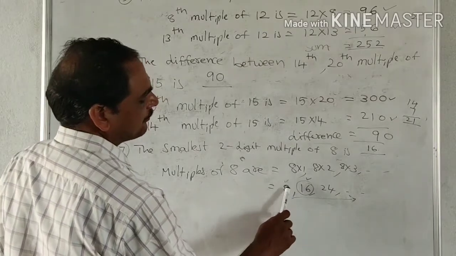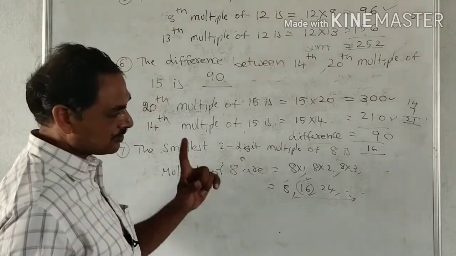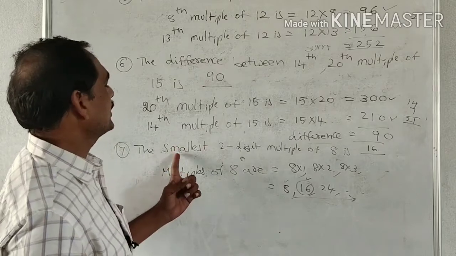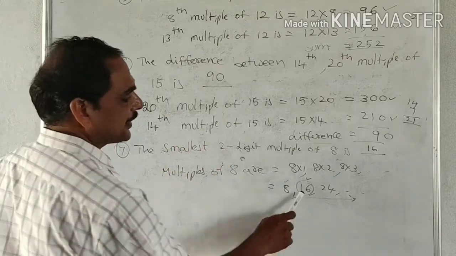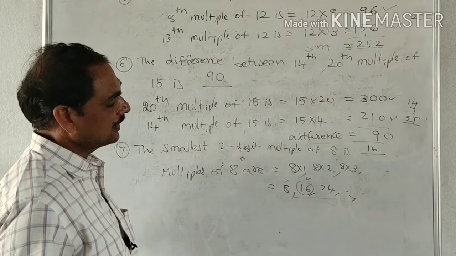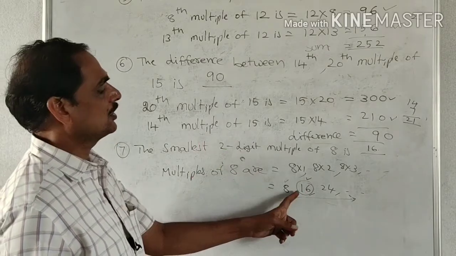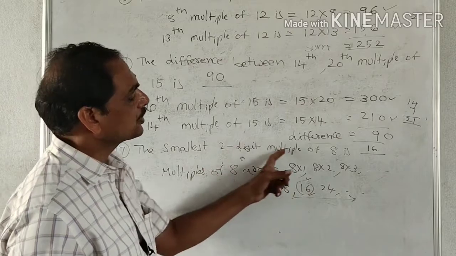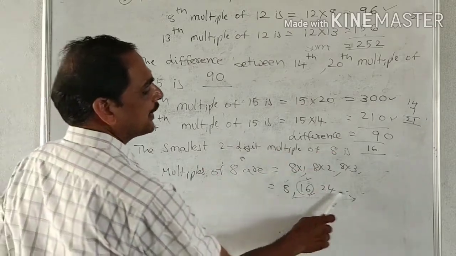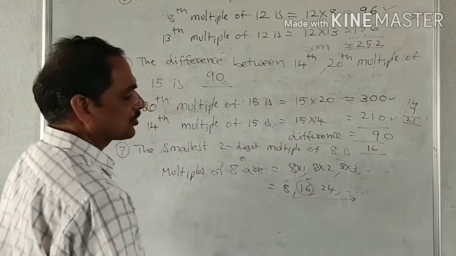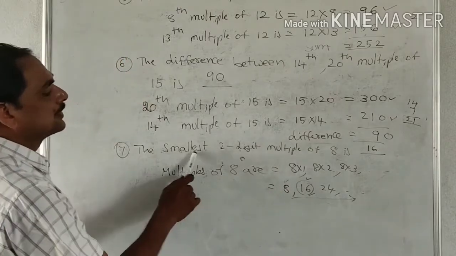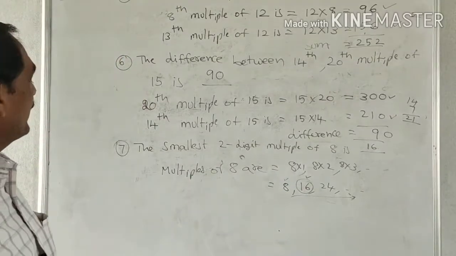So 8 is the first multiple, which contains a single digit. So here, smallest two digit. Next is 16. 16 is the second multiple, which contains two digits. So 16 is the smallest two-digit multiple of 8 and the remaining are more than 16. So we take 16 as the smallest two-digit multiple of 8.